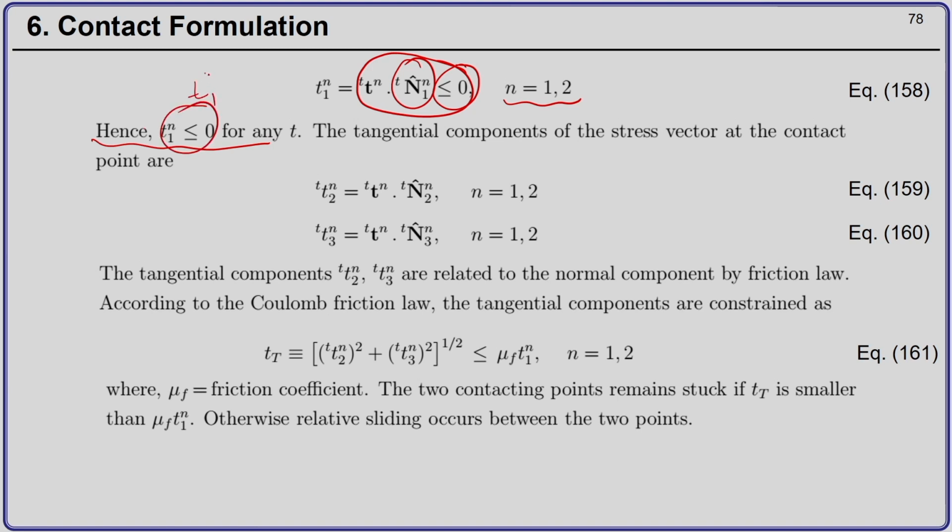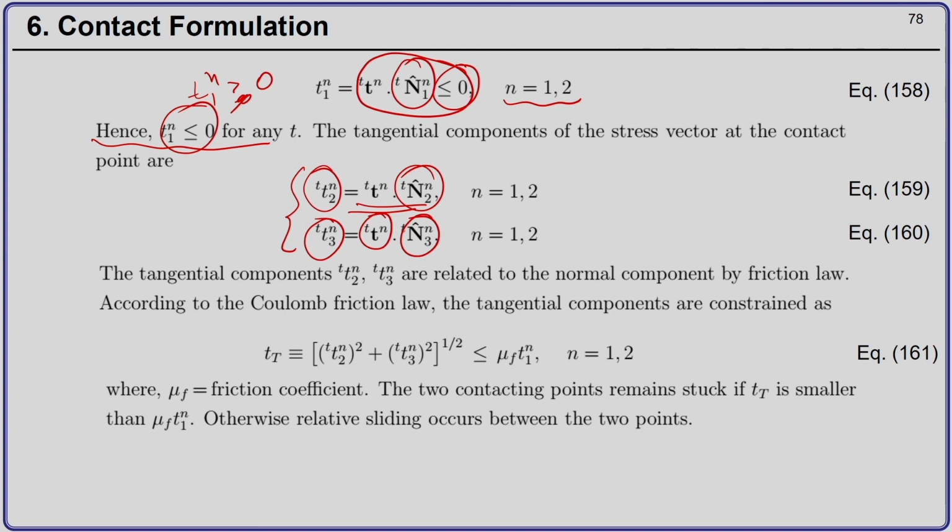If this traction T1n becomes greater than 0, then we say that the body has gone out of contact. And in the tangential direction, you can find the tangential tractions T2 and T3 by taking the dot product of the traction with the tangential vectors n2 and n3.